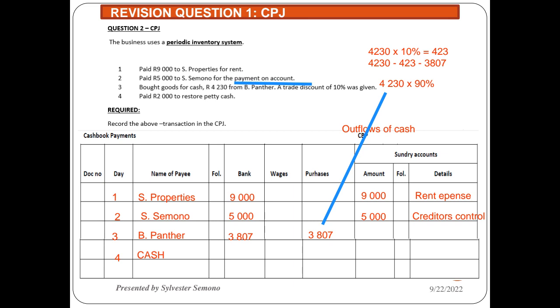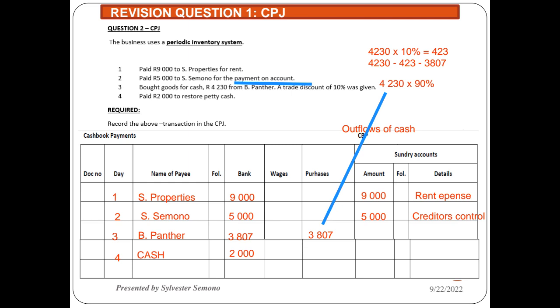Where do we go from here? Bank. How much was that? 2,000. Okay, and therefore, where else must we go? Sundry account. What must I write on the details? Petty cash.